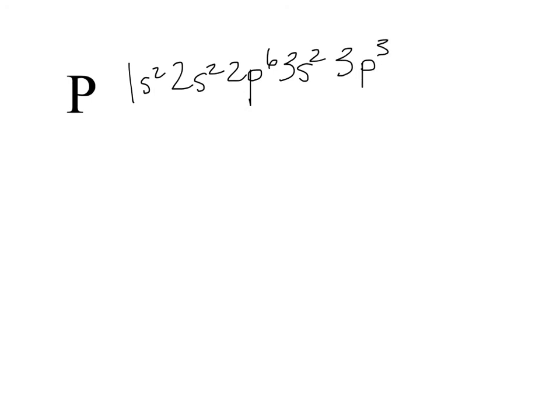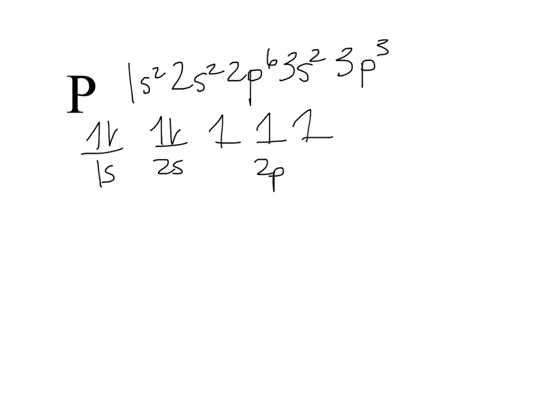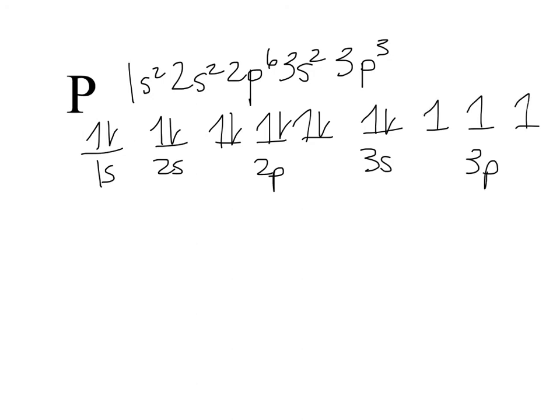Okay, if I want to do the orbital filling diagram, it looks like so. 1s2, and there's 2s2, 3 lines for the 2p, 1, 2, 3, 4, 5, 6, 3s2, and then 3 lines for the 3p, and they go like so.